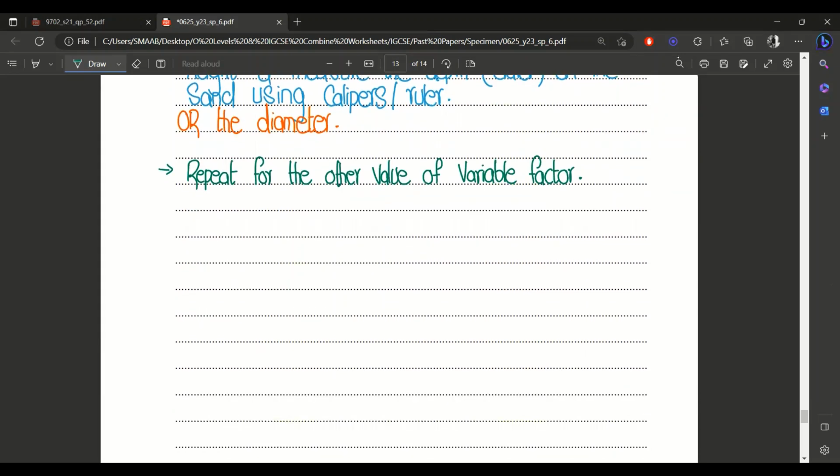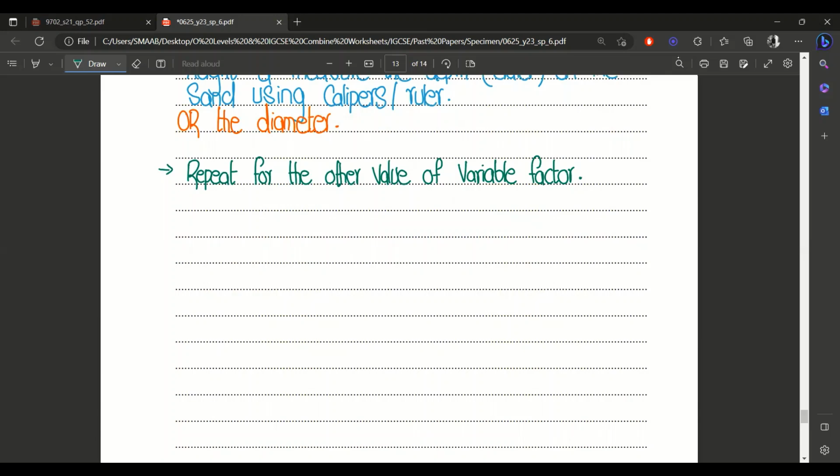So now the additional part. Let's suppose we are using three balls, right? One is of 1 gram, one is of two, and then we have three. So we record the readings for three different balls. And finally, when we record all the values for each ball, we need to find out the average value, right?